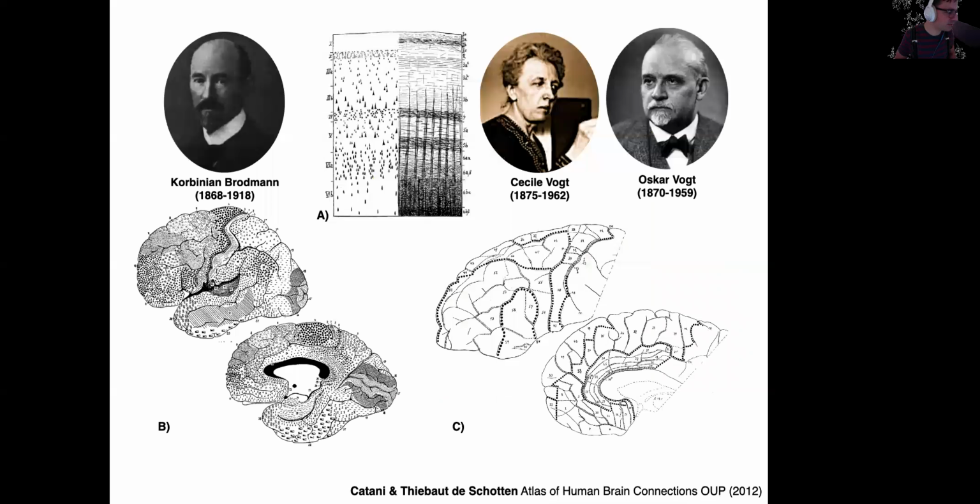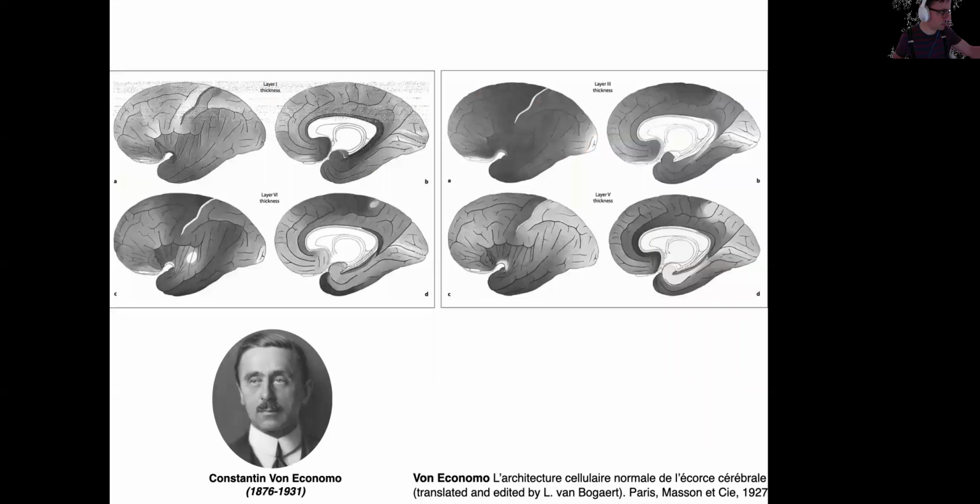And this is mostly because the lower layers of the cortex are highly myelinated, which might bias a lot the estimate of the true cortical thickness. And you have an example here of the cortical thickness according to layers, and you can see that if you forget the first layers, this will definitely have an impact on your pattern.